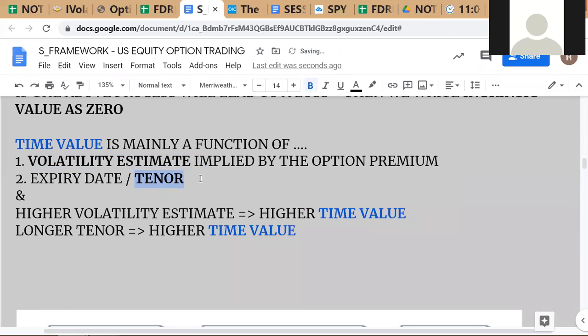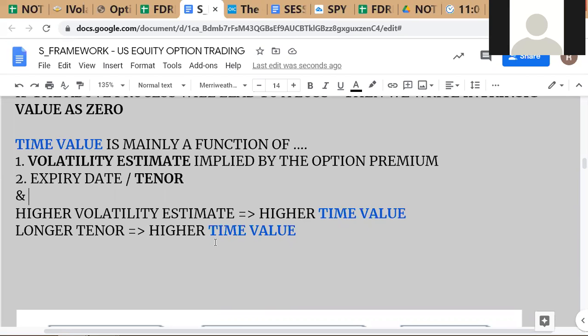These are the two factors which drive the quantum of TV in an option. And what is the relationship? If you look at your first derivative, the higher the vol estimate, the higher will be the time value, and the longer the tenor, the higher will be the time value.